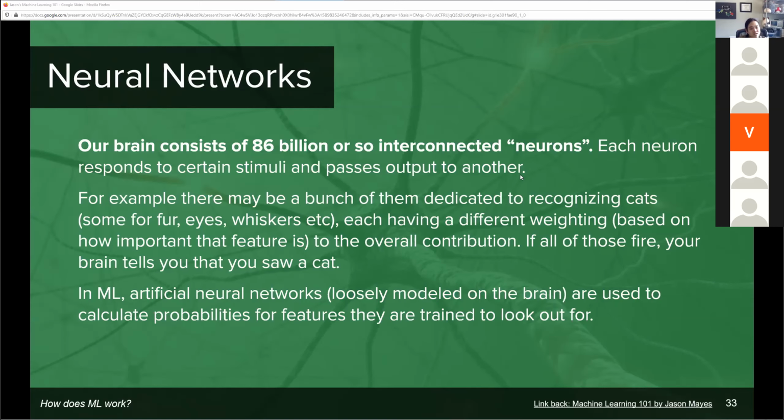In machine learning, artificial neural networks, loosely modeled on the brain, are used to calculate probabilities for features they are trained to look out for. So there are going to be multiple layers. Neural networks are actually expensive compared to things like a simple linear regression or a KNN classifier. They use a lot more time and memory.